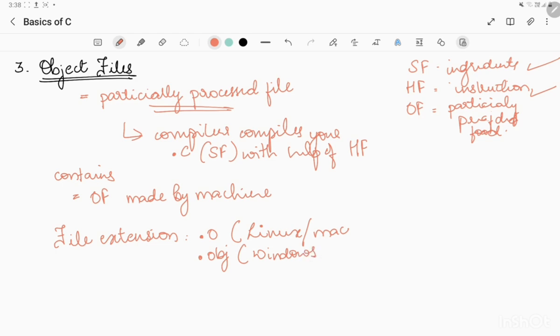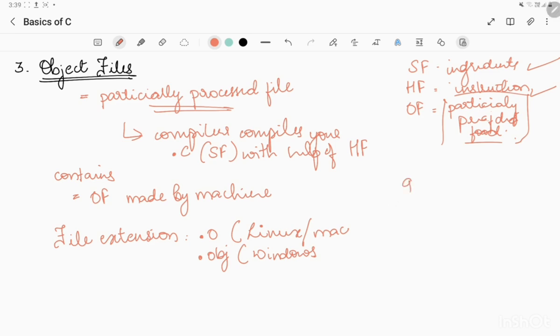All right. What did you guys understand? Object file is basically a partially prepared food which is not yet consumable. It looks like the food, but it is not yet executable or consumable. All right. This is usually done by compiler.